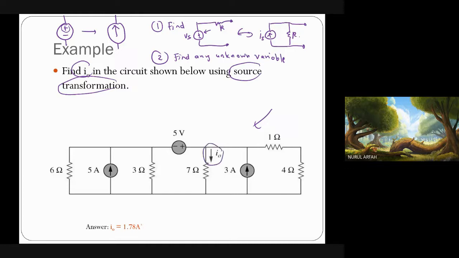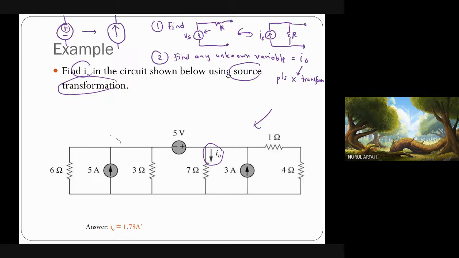So if you find that, please do not transform this. Do not transform this. Only transform at the place with no unknown nodes.